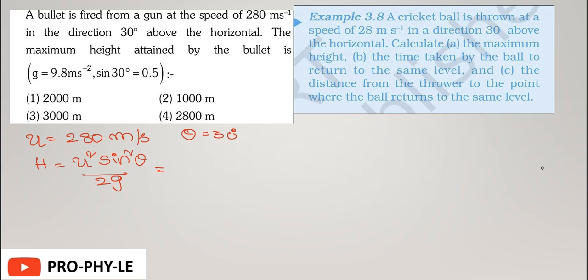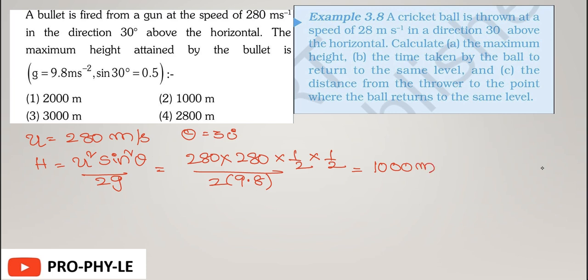Here u square means 280 into 280, sine square theta. Sine 30 value is 0.5, which we can write as 1 by 2. So 1 by 2 into 1 by 2 by 2 into 9.8. If we solve this, this will lead to 1000 meters.